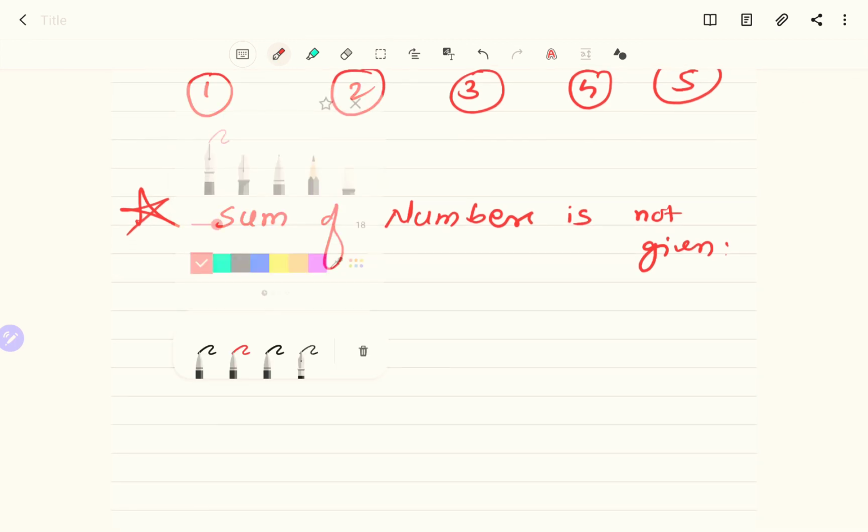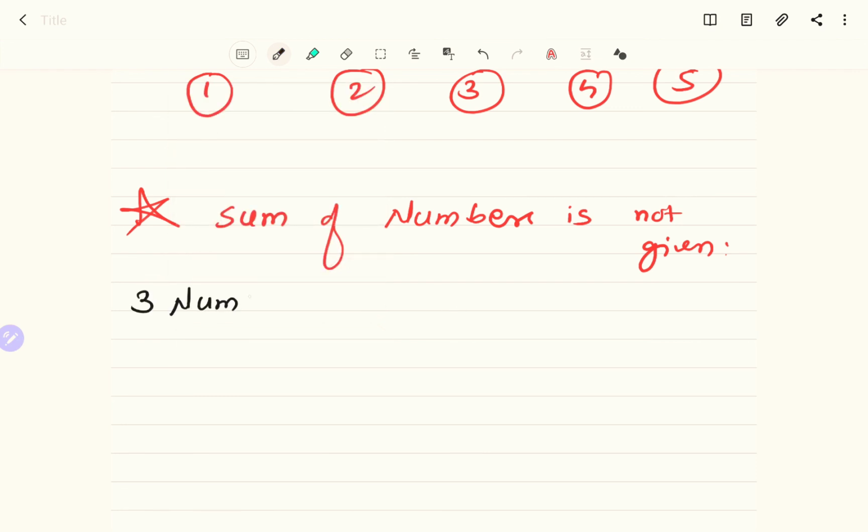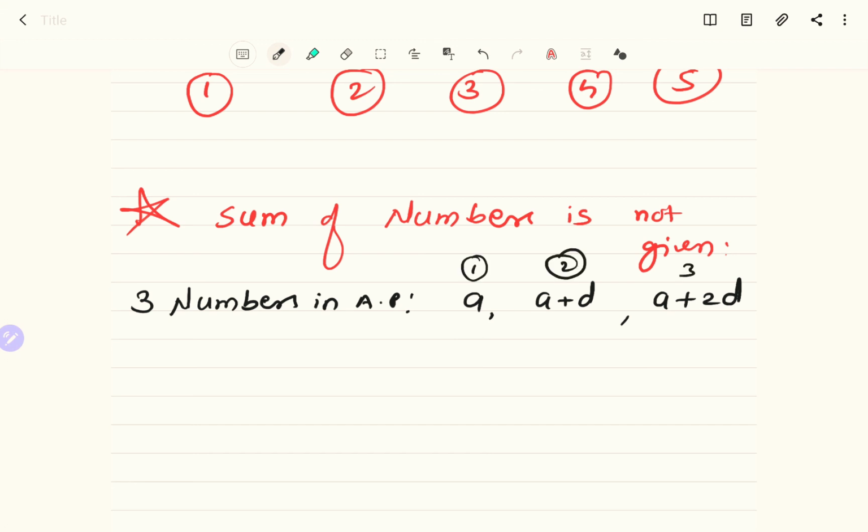Please select three numbers in AP as A, A plus D, and A plus 2D. This is the ordinary way of selecting three numbers in AP. Since the sum of the numbers is not given, we don't have any advantage, so now you are free to select the numbers in the ordinary way.